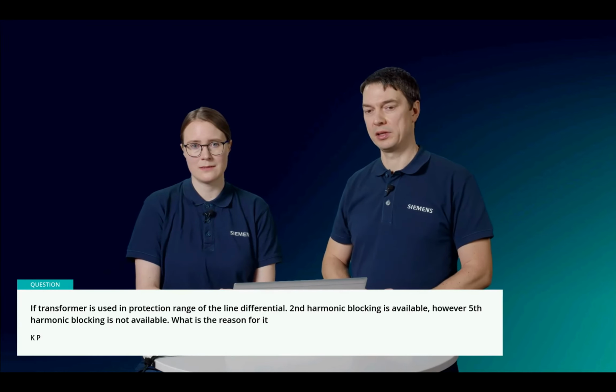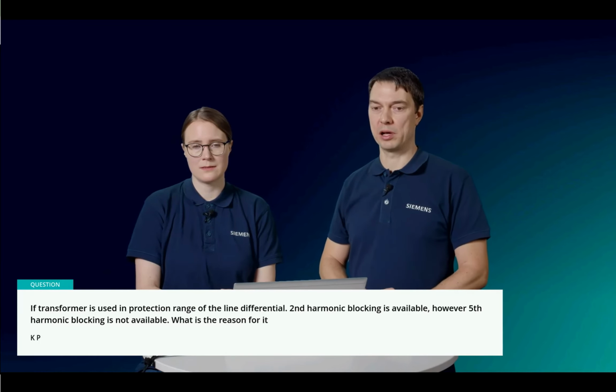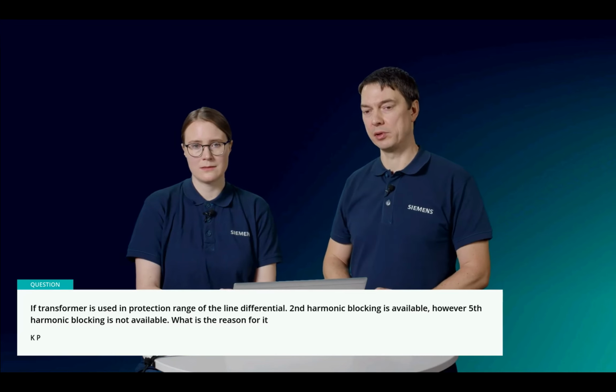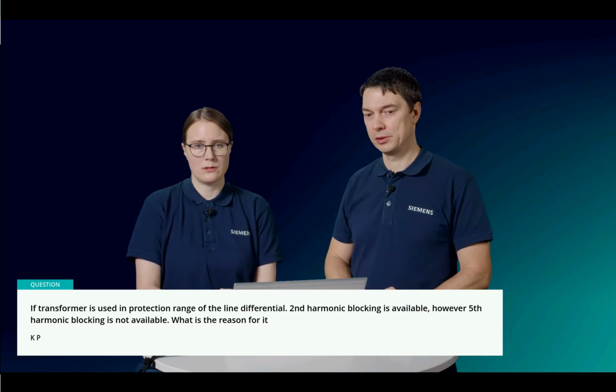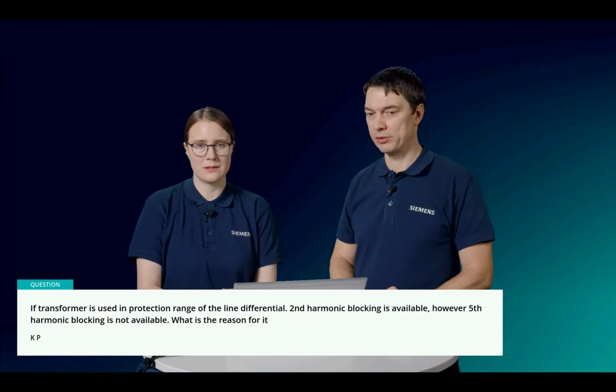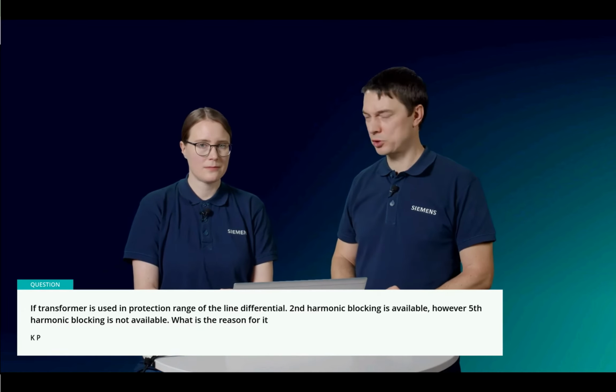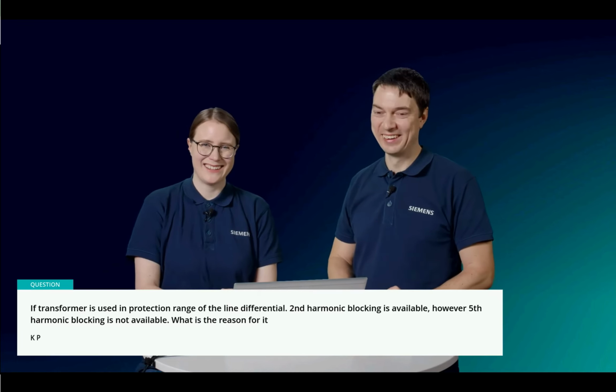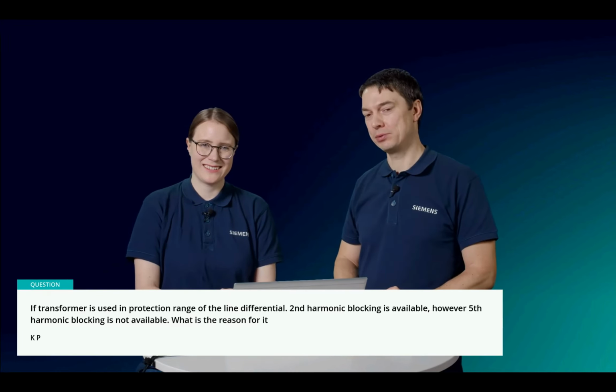If a transformer is used in the protection range of the line differential, second harmonic blocking is available. However, fifth harmonic blocking is not available. What is the reason for it? Oh, okay. Second harmonic blocking is available. I'm not so deep in the settings.